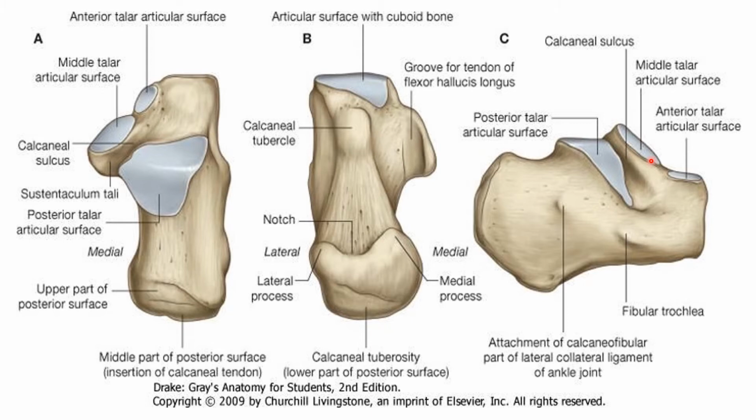Then surfaces and relations. The anterior surface is covered with a large articular facet for the cuboid bone, whereas the posterior surface is non-articular and divisible into upper, middle and lower parts.